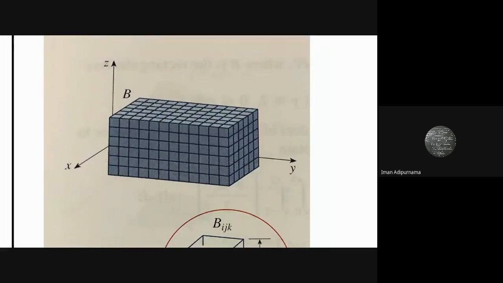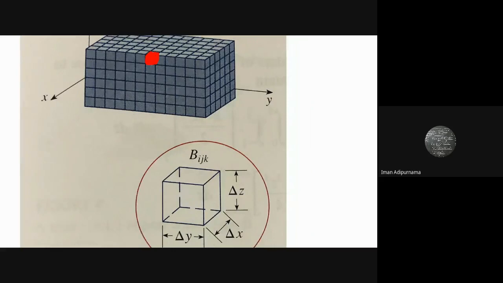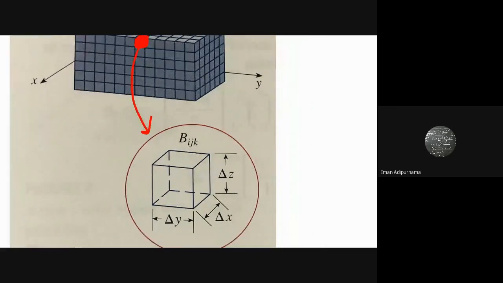In triple integrals, what we are going to observe is this little box here, which I'll mark in red. If we look at this box, we will have three components: delta x, delta y, and delta z.